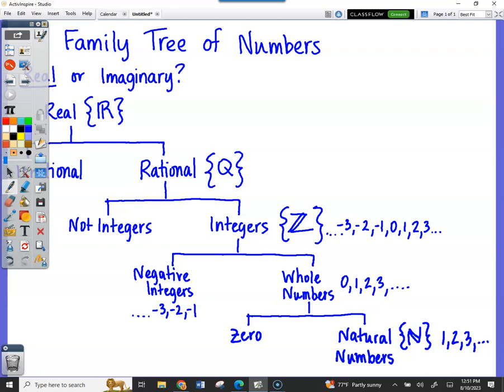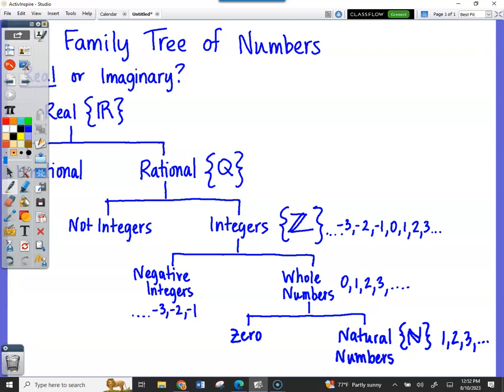And then rational are the numbers that are nice and pretty, can be written as a fraction. Integers are number line numbers. You can name it that if you want to. Then you have the negative integers. Then you have whole numbers. Then you have natural numbers.